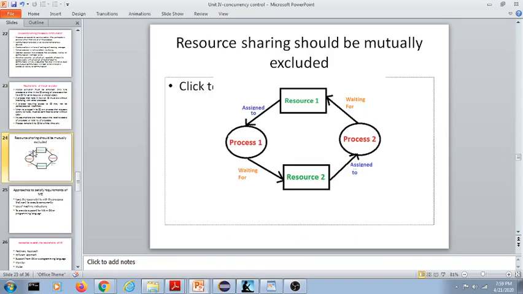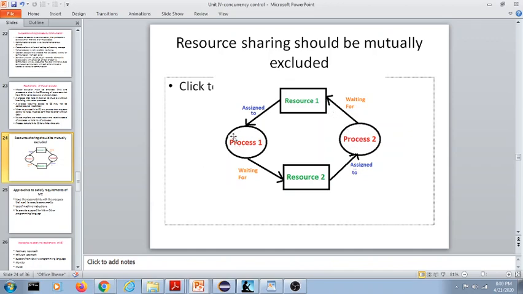What is basically mutual exclusion? Whenever there is a common resource and more than one process wants to operate on that common resource, then whenever process 1 is using that common resource, the other process should not be allowed to use the same resource.